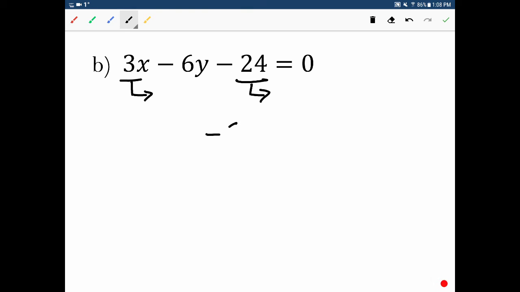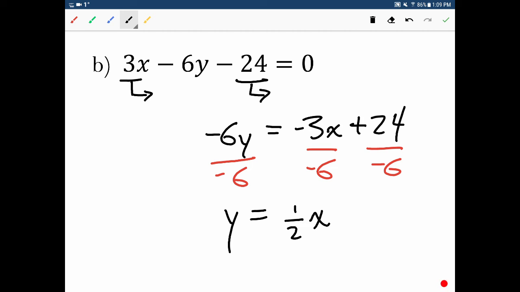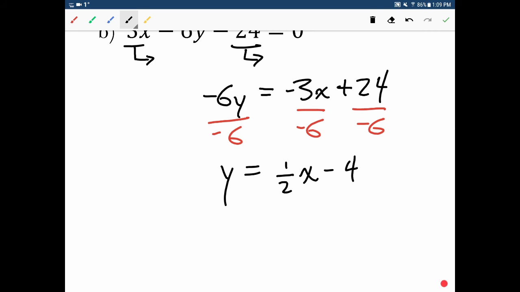And we're left with -6y equals, the 3x becomes -3x, the -24 becomes +24, and then I'm just going to divide by -6. And so I get y equals 1/2 x minus, and 24 divided by 6 is 4. Okay? So what's important here is this guy right here.